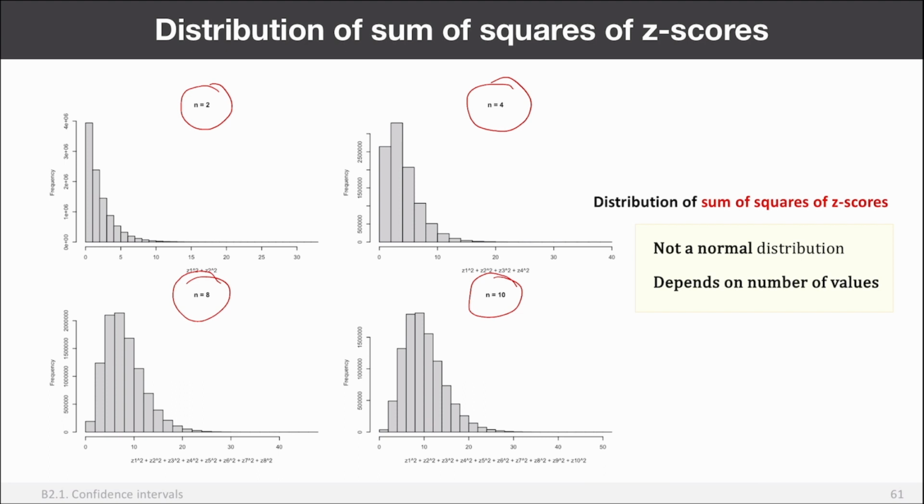So you can see that the larger the sample size is, the less skewed the distribution is, but still, even with 10 values, it's still skewed, right? And it's still non-negative. That's normal because we have a sum of squares. It looks like it's getting closer and closer to normal distribution, but still it's not symmetric, right? So this distribution is definitely not a normal distribution, and now we know that it depends also on the number of values, or on the degrees of freedom.